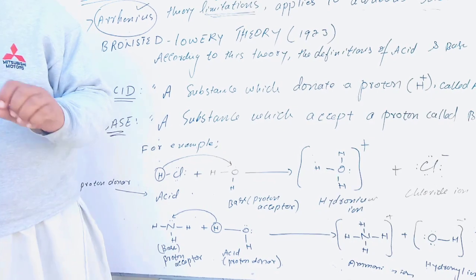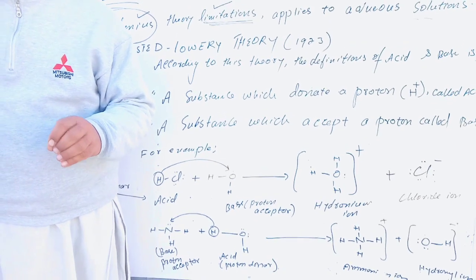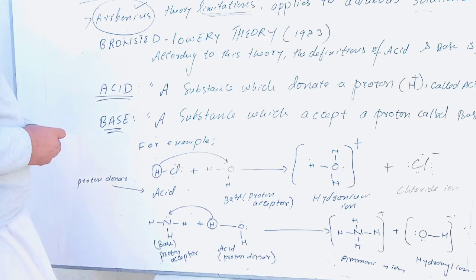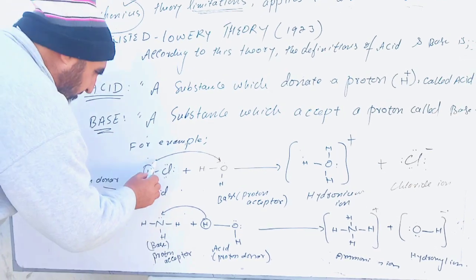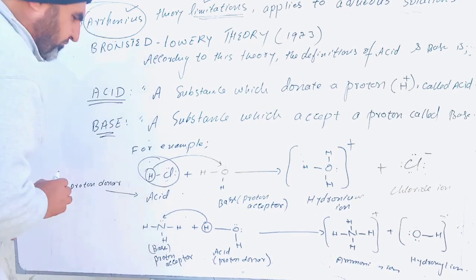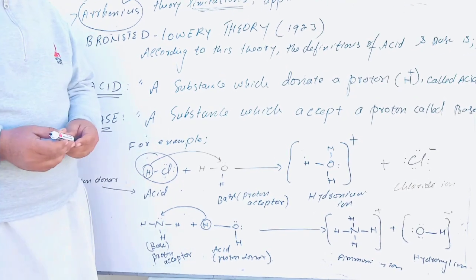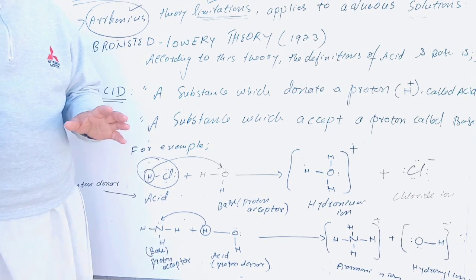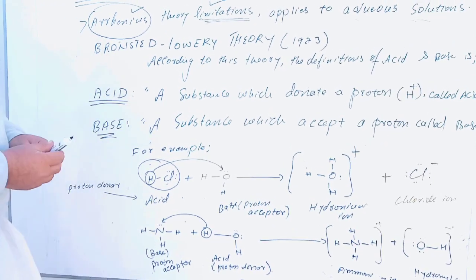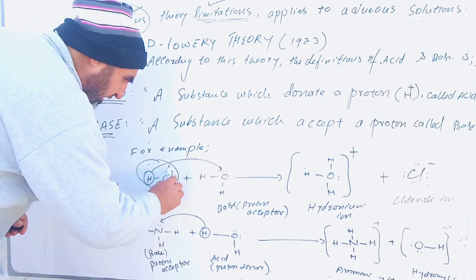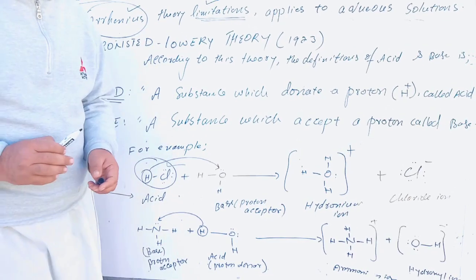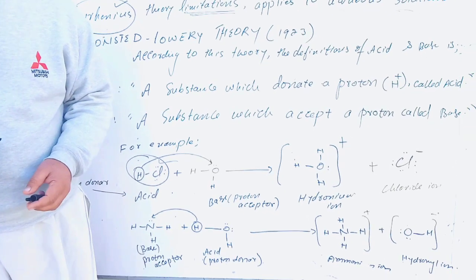Now we come to examples, and we will explain it through examples. For example, this is an acid. You are all familiar with acids, and obviously with this one. Everyone knows that HCl is an acid. But how is this an acid?